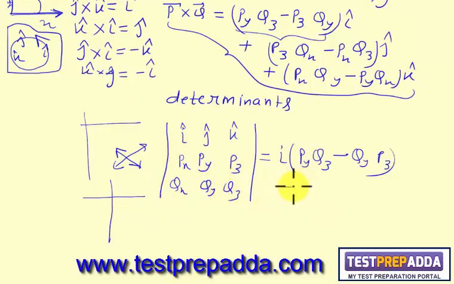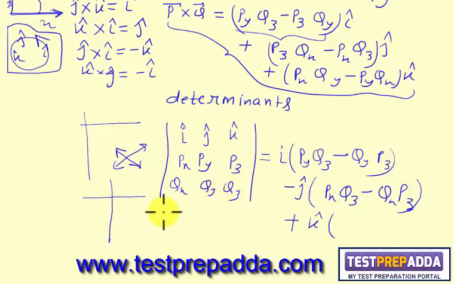But here we write minus J, and it will be Px Qz minus Qx Pz, plus third K. This time you have to close the third column and first row, and it will be Px Qy minus Py Qx.